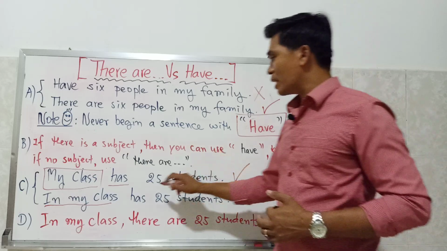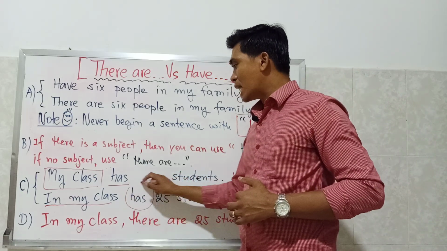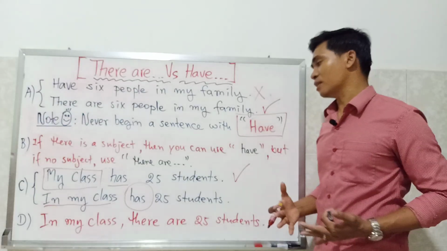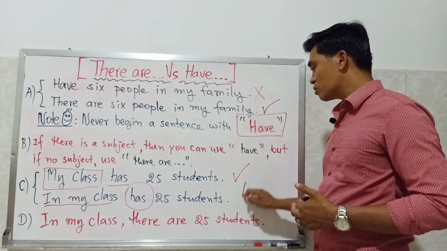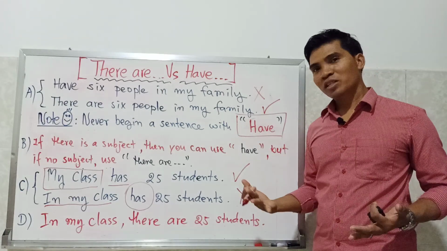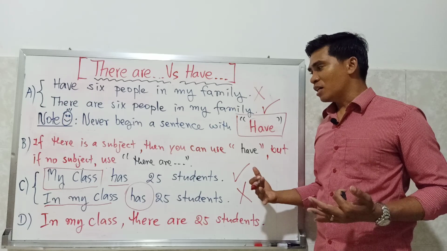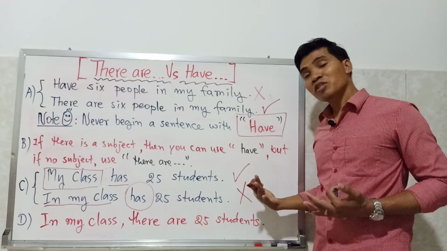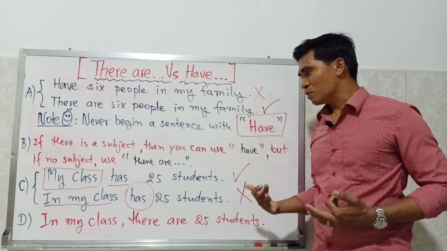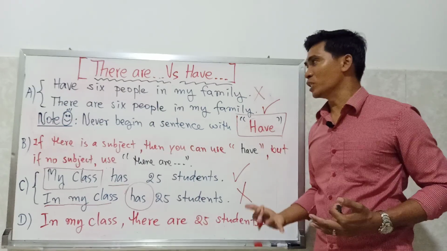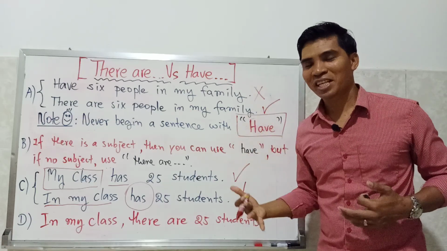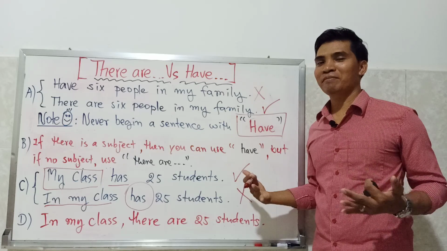It means that the main verb "has" does not belong to any subject in this sentence, so this sentence is wrong. Remember, never speak a sentence like this: "In my class has 25 students." You will never say, "In my family has 5 people."